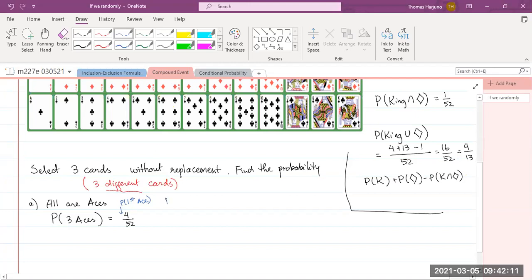What is the probability that the second one is also an ace? How many aces do you have left in the deck? 3, that's right. Out of how many cards left? 51. Now, after you get these 2 aces, you don't put them back to the deck. What is the probability that the third one is an ace again? 2 out of 50, that's right.